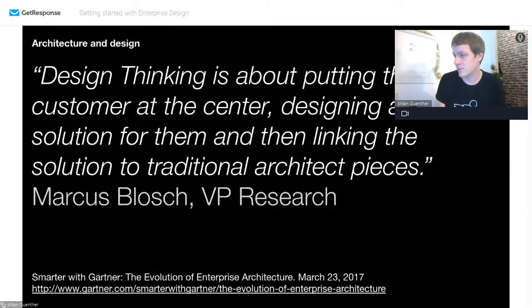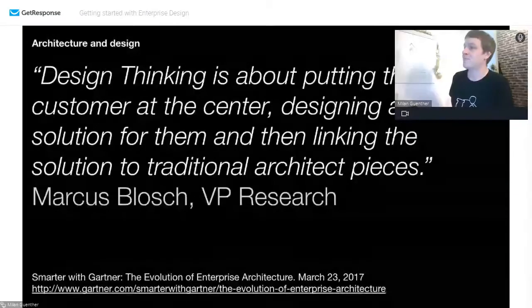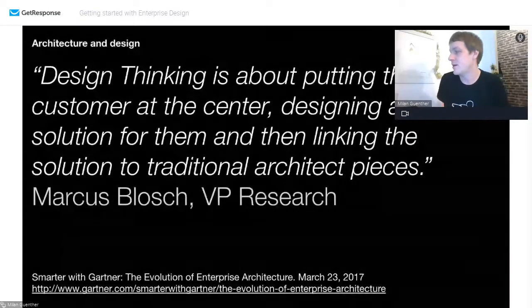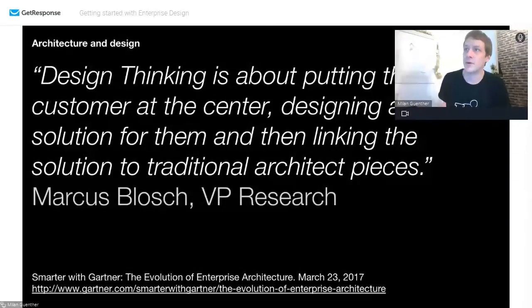And this is a quote from a blog from Gartner from 2017, so already a few years back, where they basically say enterprise architecture needs to become design-driven. And what do they mean by that? They talk about design thinking. Design thinking is about putting the customer at the center instead of, for example, the operations or the IT or the capabilities or the internal, inside-out view.